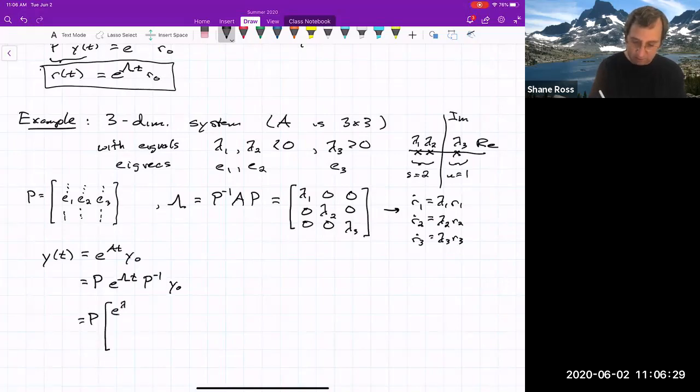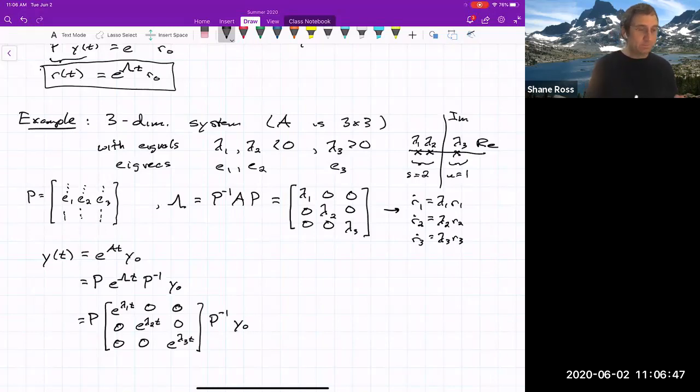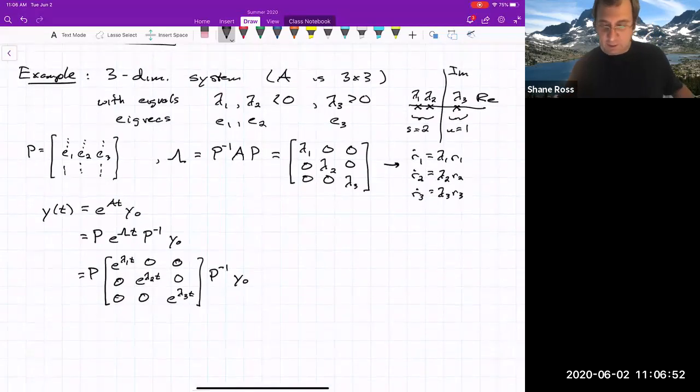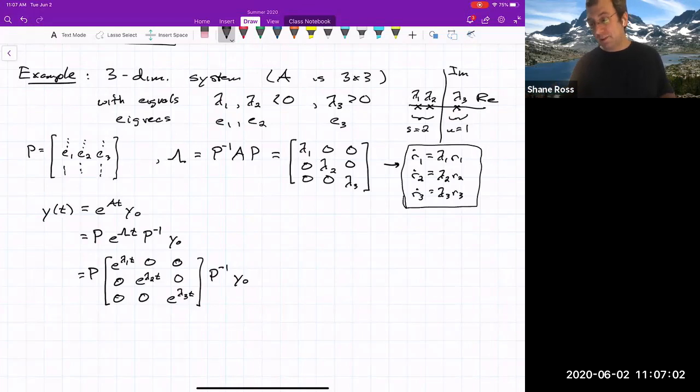It'll be just e to the lambda 1 t, e to the lambda 2 t, e to the lambda 3 t, with all other entries 0, times P inverse y naught. And this is a nice convenient way to write things. I think it's easier to work in the eigenbasis because then you just have 3 uncoupled scalar ODEs.